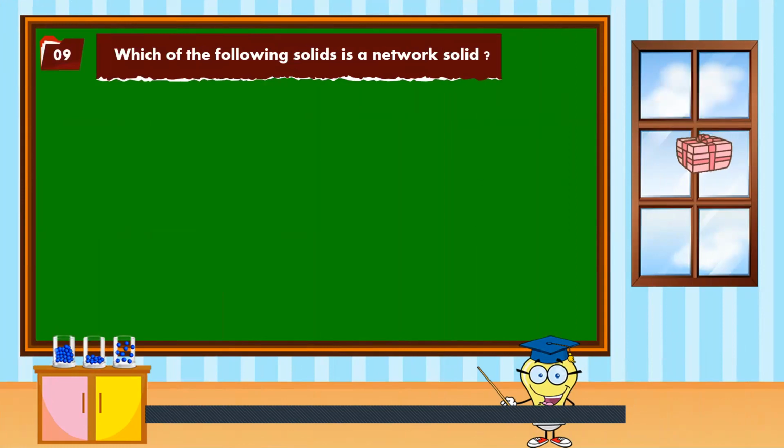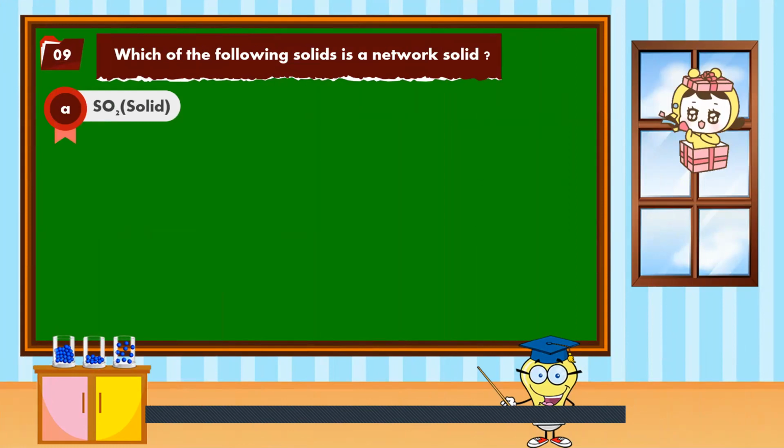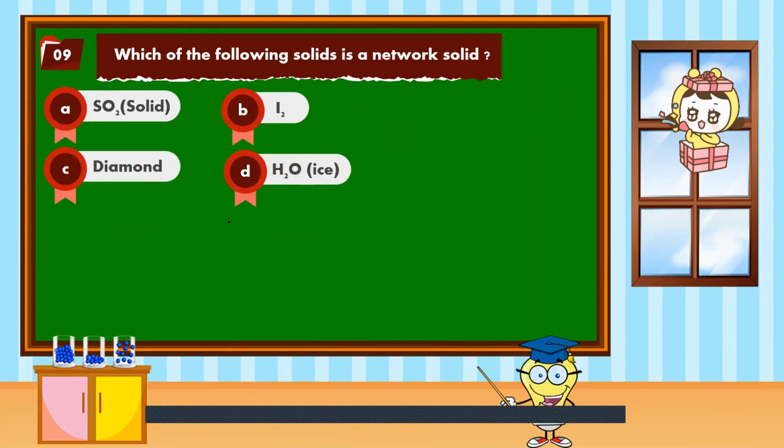Ninth question. Which of the following solids is a network solid? Network solid is also known as a covalent solid. If you observe here, iodine is a molecular solid. Water is also a molecular solid. Solid SO2 is a molecular solid.